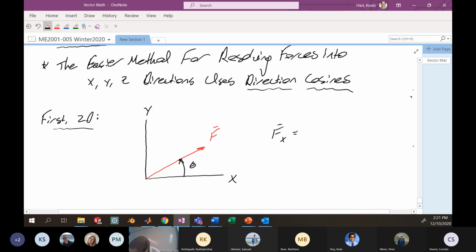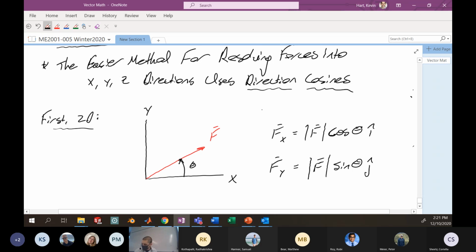Fx is the magnitude of this force multiplied by cosine theta in the i hat, where i hat is our unit vector in the x direction. The force Fy is the magnitude of F multiplied by the sine of that angle.